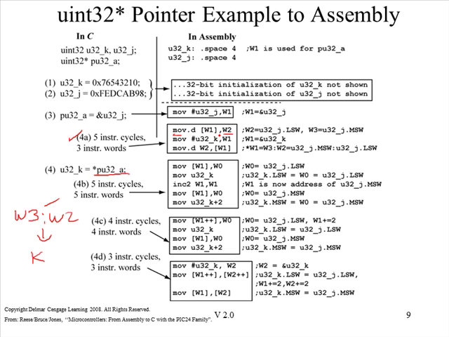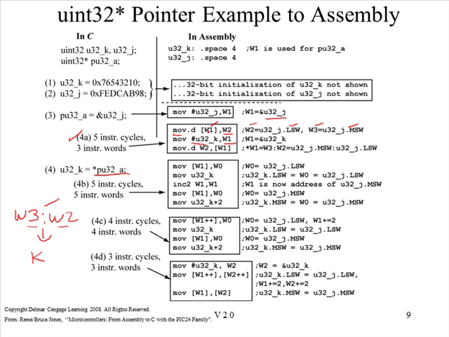Recall that W1 has the address of J. This is going to copy the least significant word of J into W2 and the most significant word of J into W3. At this point, we now need to copy W3, W2 to K. The way that we'll do that is we'll move the address of K into W1.